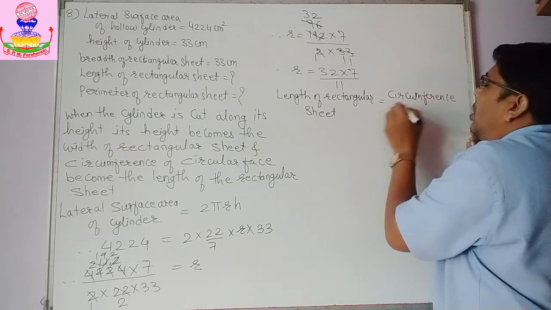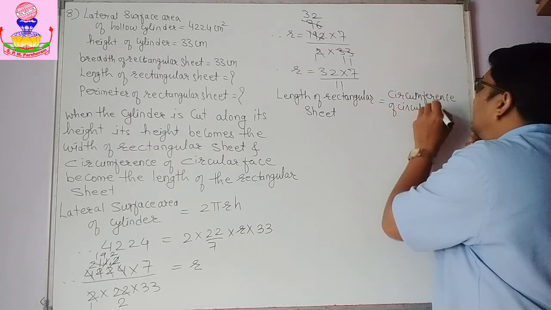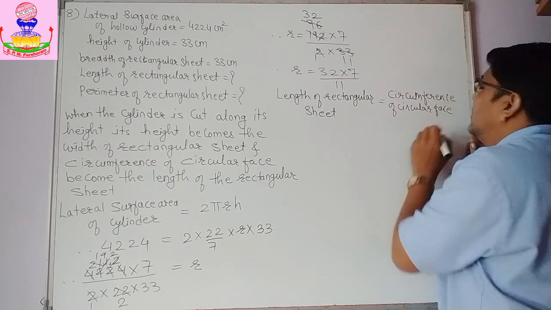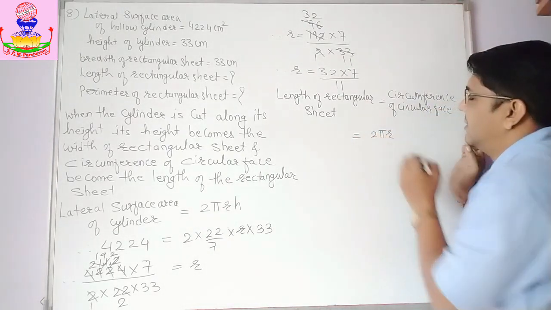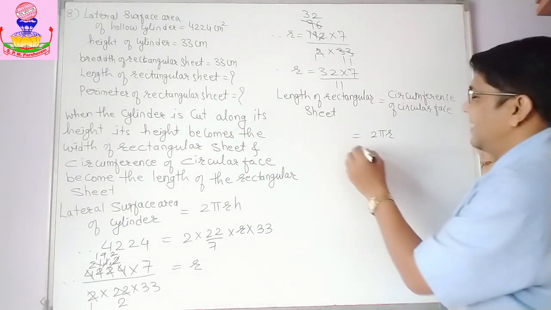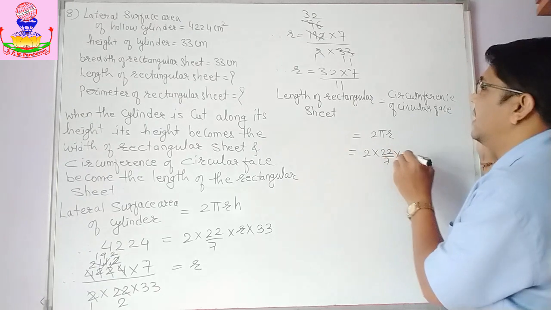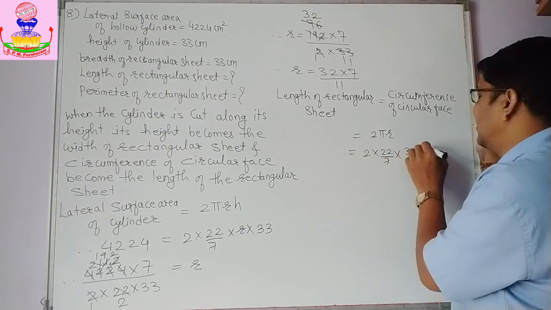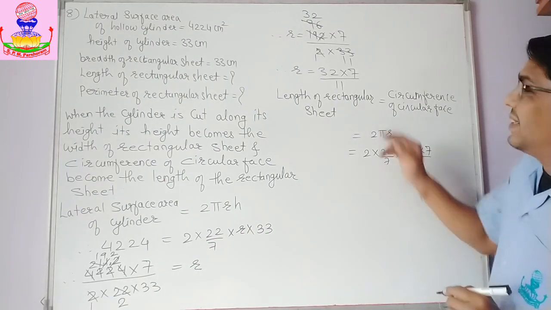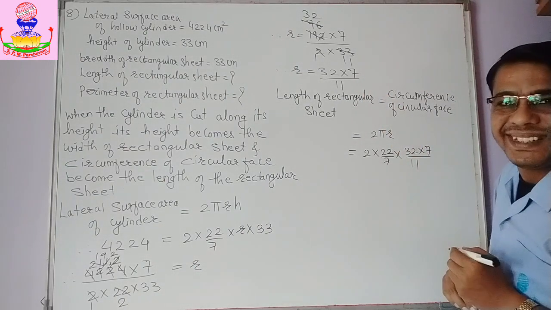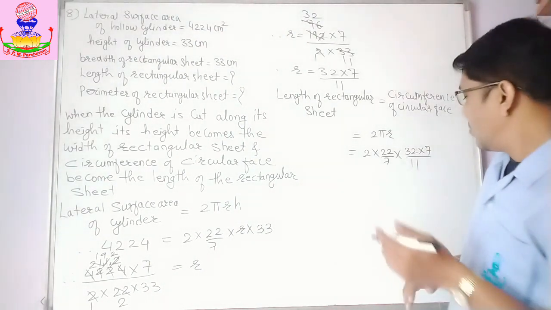Circumference of circular face. Right? So that is equal to 2 pi r. Okay. Now see. 2 into 22 upon 7. What is the radius? 32 into 7 upon 11. I hope you have understood why I have not cancelled them there. I may get the answer in decimal point, and then it may become difficult.